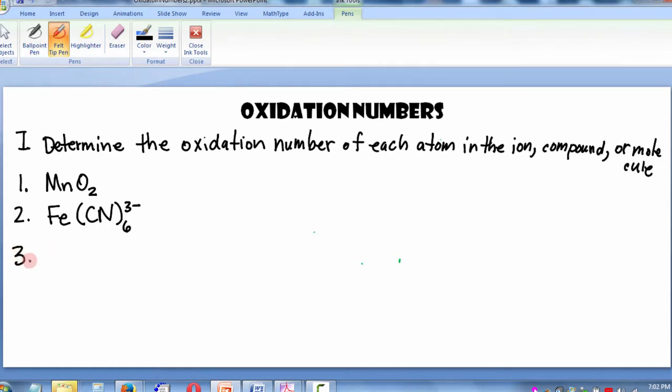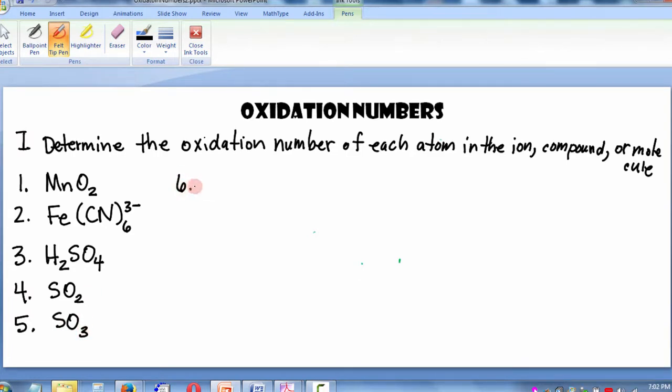Number three, H2SO4. Number four, SO2. Number five, SO3.